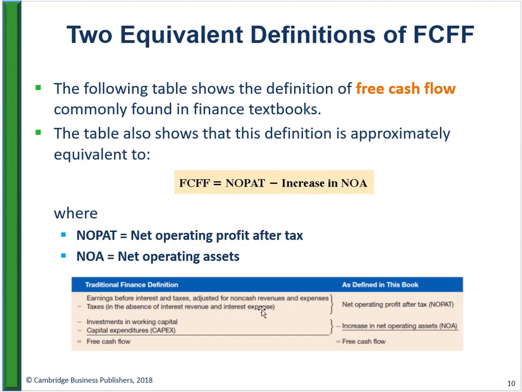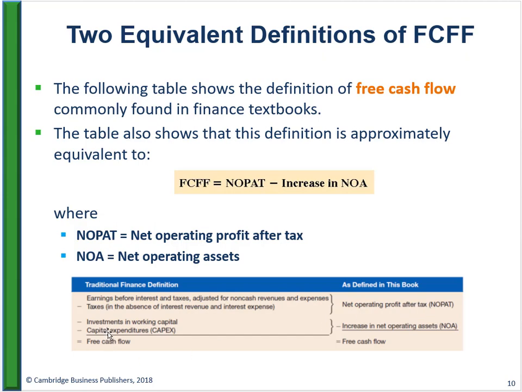So we have to compute taxes based on what they would have been in the absence of interest revenue and interest expense. So there's an interest tax shield component that we have to account for. These two terms, netted together, create the net operating profit after tax.